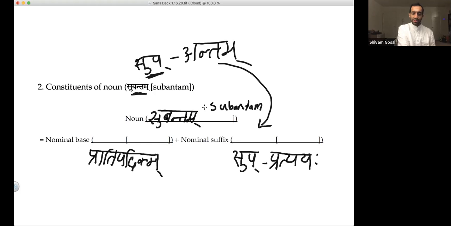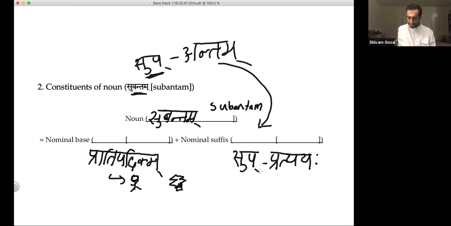A pratipadika indicates a person, for example Rama, or a thing. It can be like a tree, vriksha. It can be a person, or it can be a thing, an object.